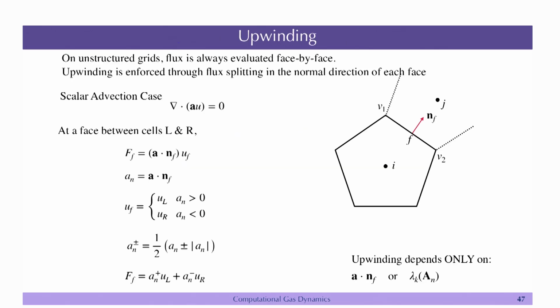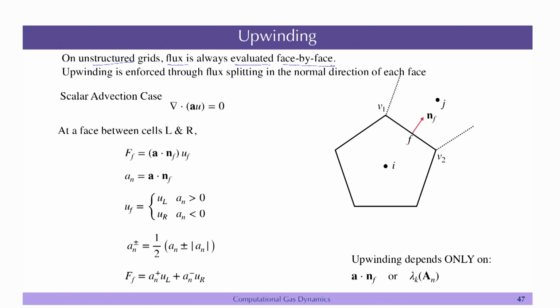On an unstructured grid the flux is always evaluated face by face. At every face you calculate the flux based on the left and right cell, and then you add all of these, after multiplication by area and the normal vector, to get the total flux in the cell.